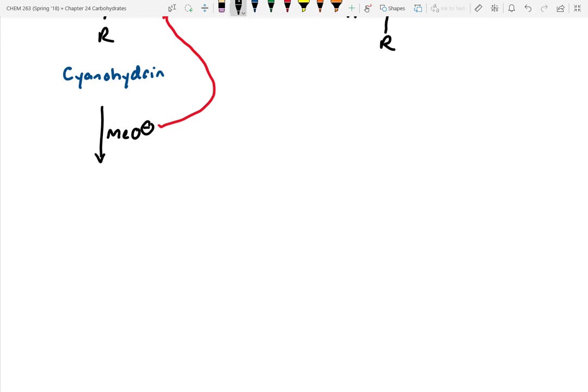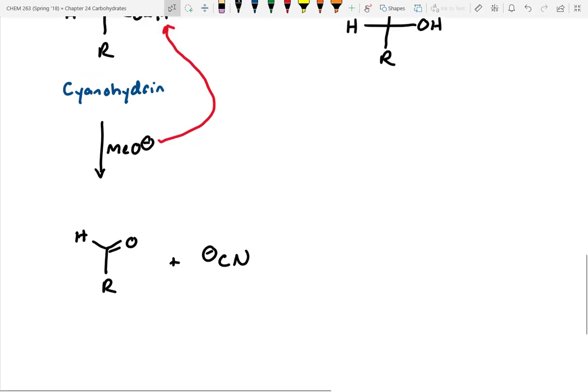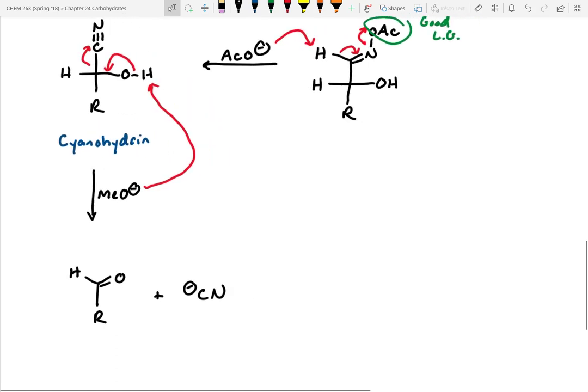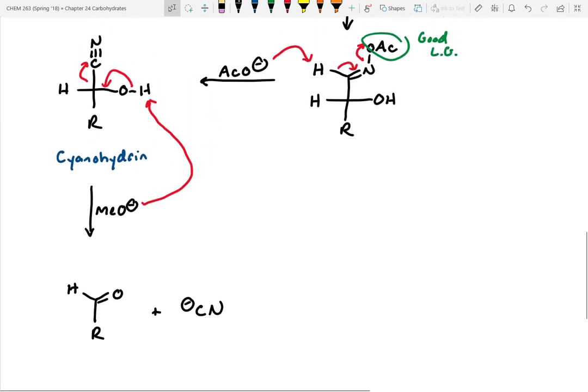Okay, so now we've got an aldehyde here, and we lost cyanide as a leaving group. Essentially what happens is cyanide is kicked off, and in that process, you lost a carbon.